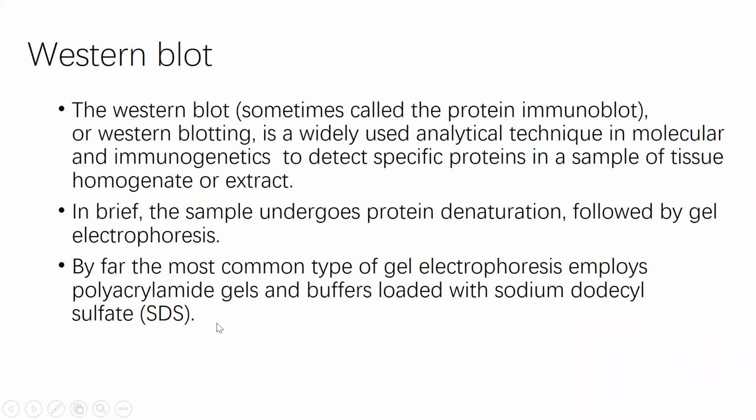I guess everyone here knows what a Western blot is, and this is a widely used technology in cell biology and some other fields. I will briefly introduce it. This is sometimes called the protein immunoblot or Western blotting, and it's an analytical technology in molecular biology and immunogenetics.